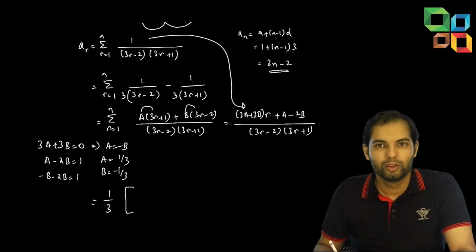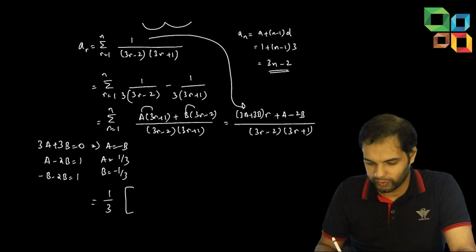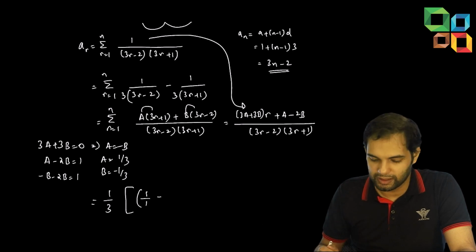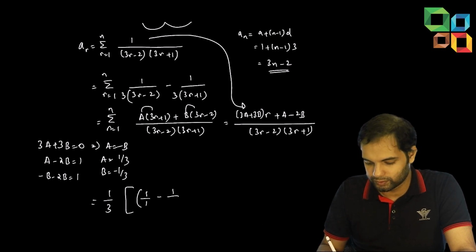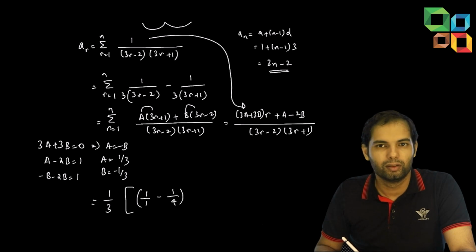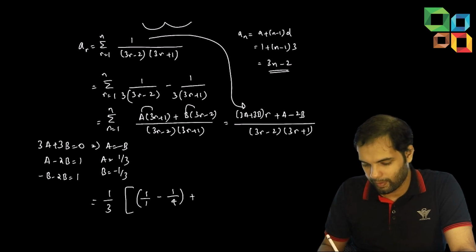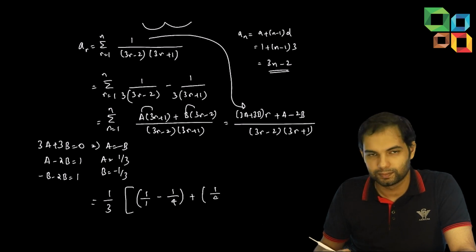Okay, so 1 by 3r minus 2. When r is 1, this is 1. This is the first term itself. When r is 1 for the second term, this is 1 by 4. Next, when r is 2, this will be 1 by 4.